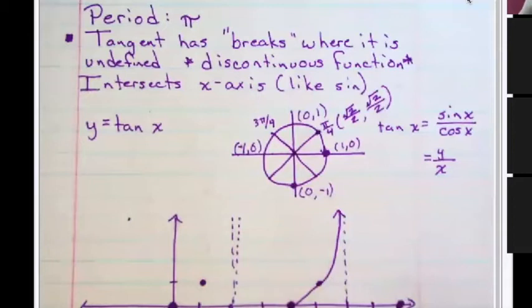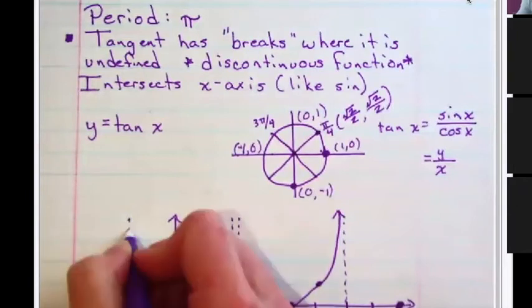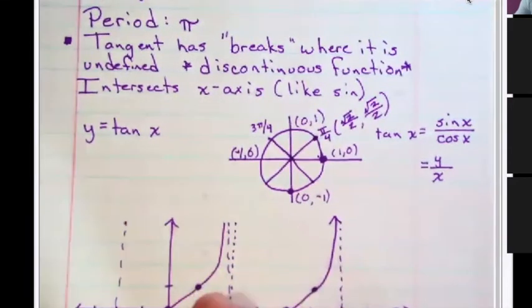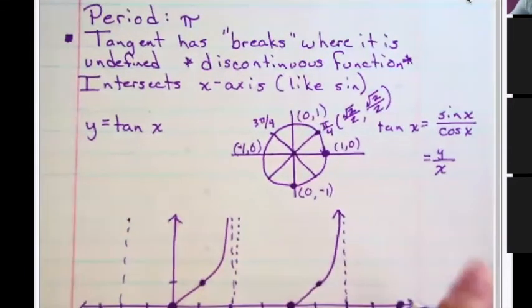So we could continue this pattern in this direction also, and we would have another one of those. And if we kept going in this direction, we would have another one.